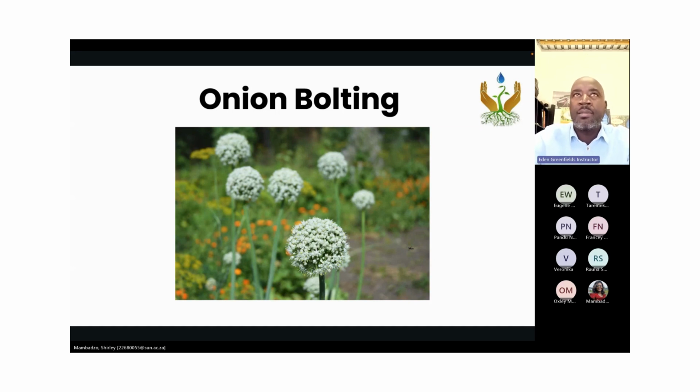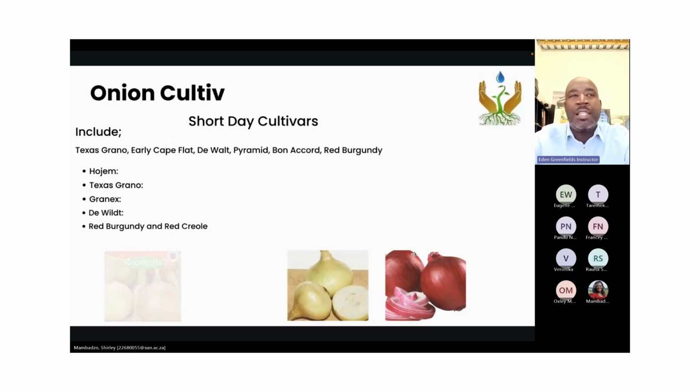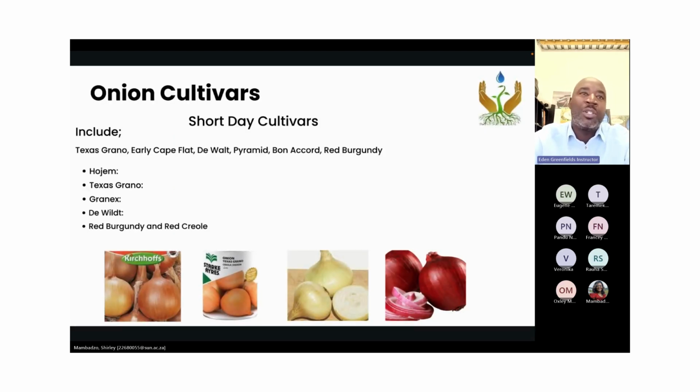So that change of heat and cold, today it's very hot, tomorrow we wake up and the temperatures are very low, that can actually signal our plants to go into bolting, and then they develop seeds. Right. So that is one of the things that we are actually seeing at the moment.